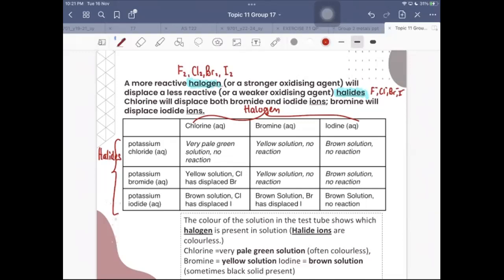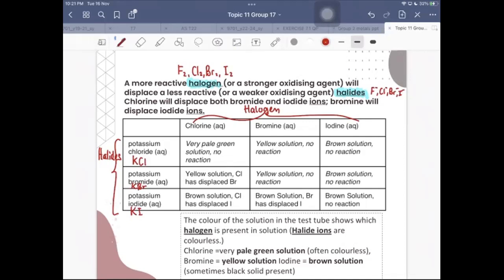Chloride ions need to be counteracted with a cation, for example, potassium chloride or sodium chloride. So your ion needs to exist as an ionic salt. Your halides come in the form of potassium chloride, potassium bromide, and potassium iodide. In solution, they actually exist as K plus and Cl minus, K plus and Br minus, K plus and I minus.